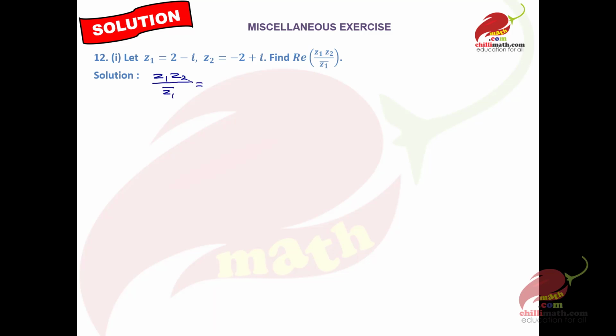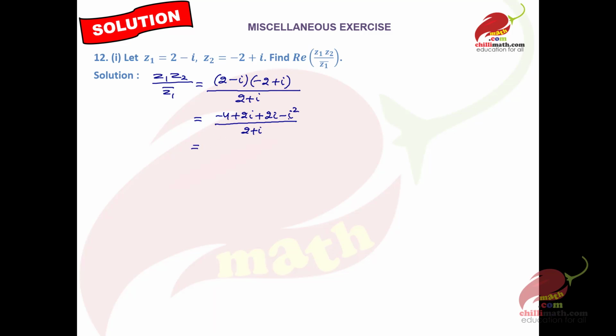Putting these values of z1 and z2, we get 2 minus iota into minus 2 plus iota over the conjugate of z1, that is 2 plus iota, just changing iota to minus iota. On multiplication, we get minus 4 plus 2 iota plus 2 iota minus iota square over 2 plus iota.